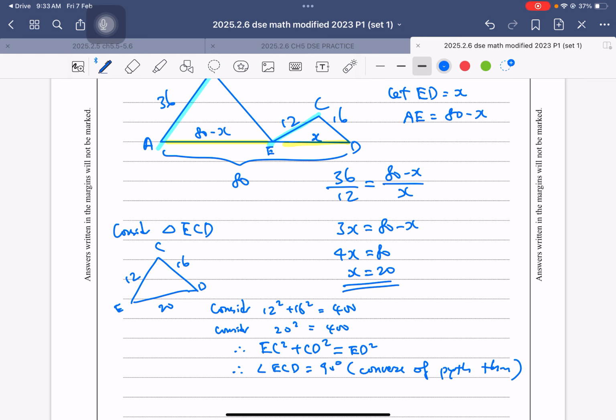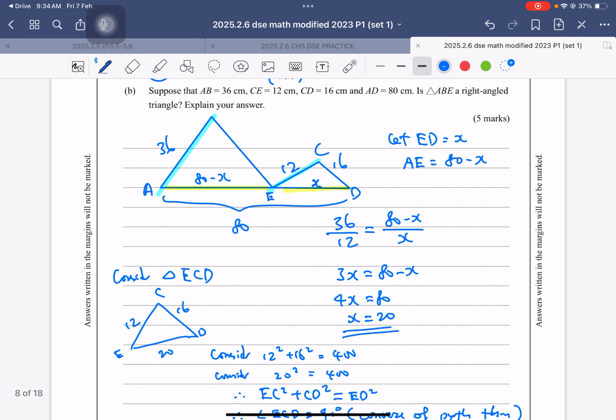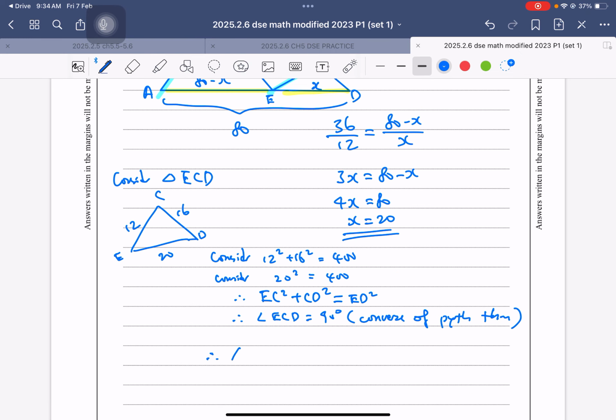They're asking for ABE. But they are similar. So if ECD is 90 degrees, which means that ABE is 90 degrees as well. The reason is corresponding angles in similar triangles.